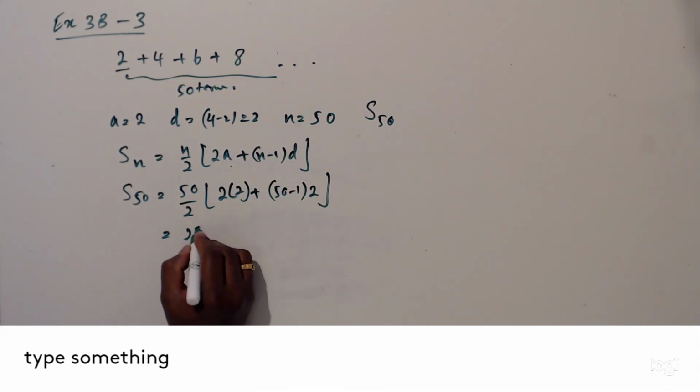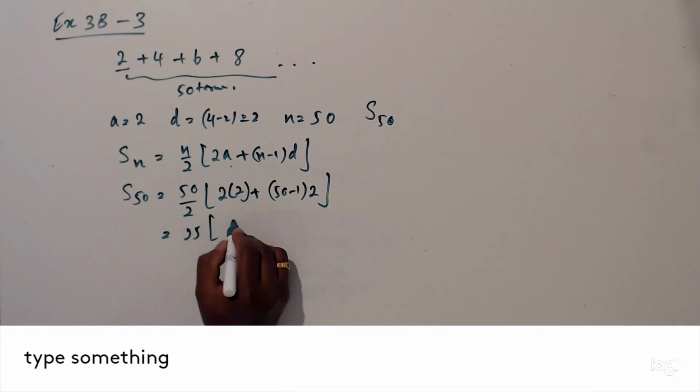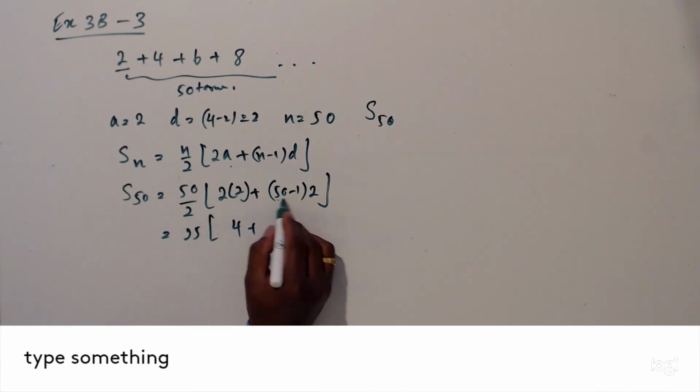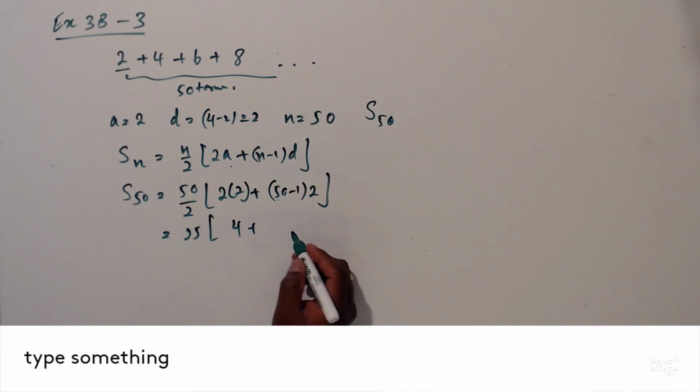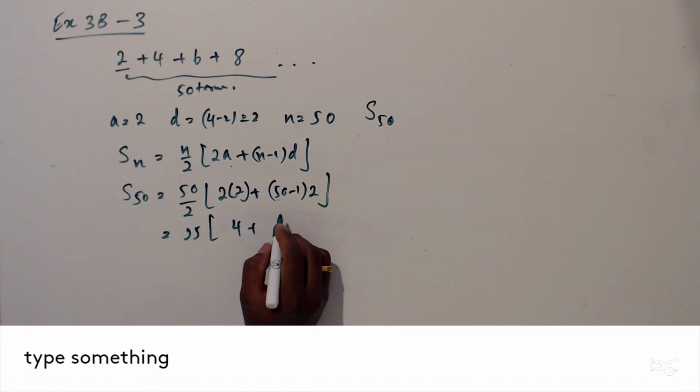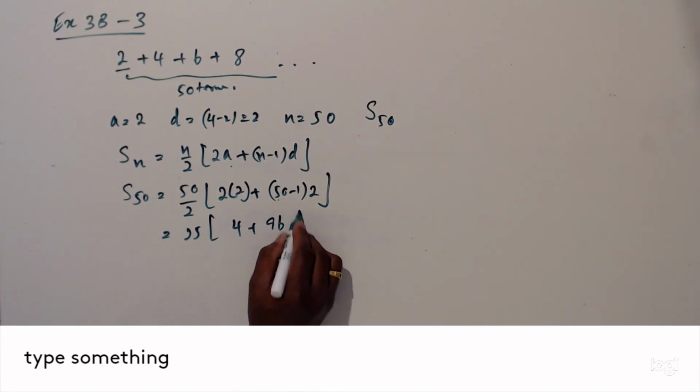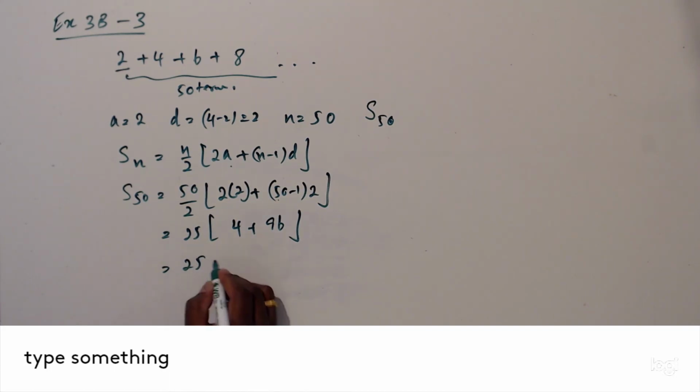So this is 25 times (4 plus 49 times 2). 49 times 2 is 98, so 4 plus 98 is 102. 25 times 102 is 2550.